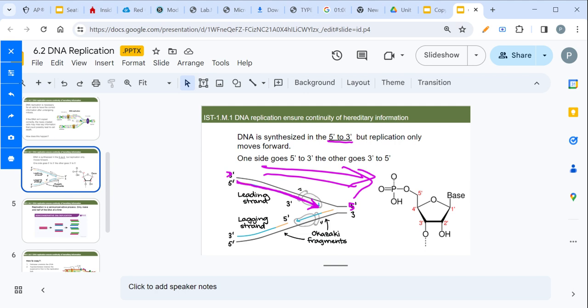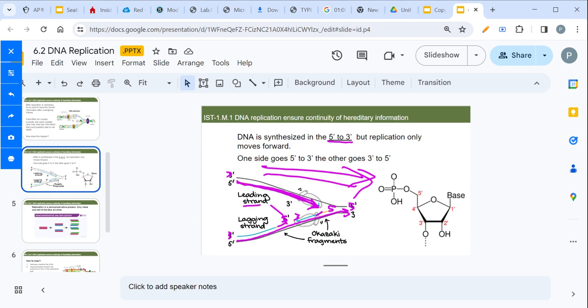We're going that way. We're moving this way. But if I'm going this way, I still need to copy everything 5 to 3. The problem is that if I'm going this way, this is not going to be continuous.